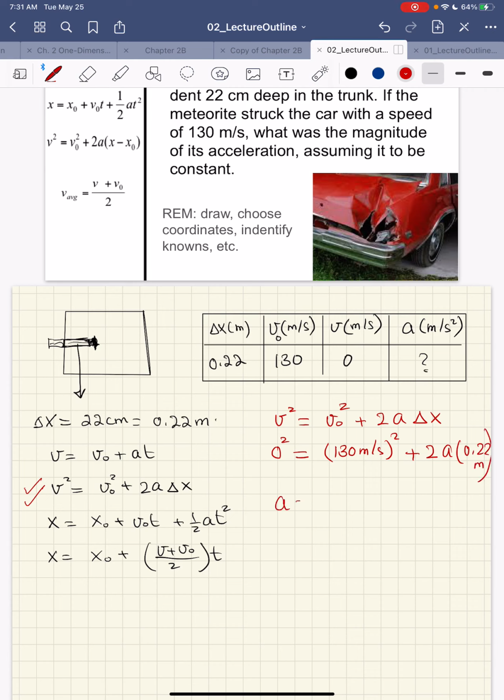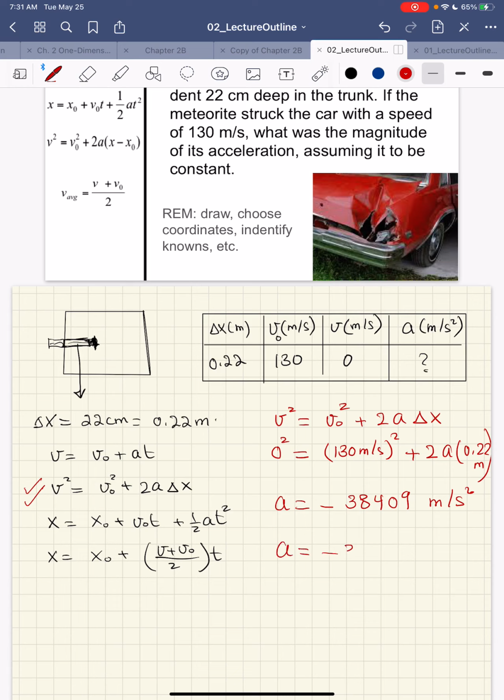Then you will find that the acceleration is going to be negative, and this of course makes sense because it is going to cause the speed to decrease. Then this was the acceleration. Wow. Okay, and it is negative. Now here I have 2 sig figs.